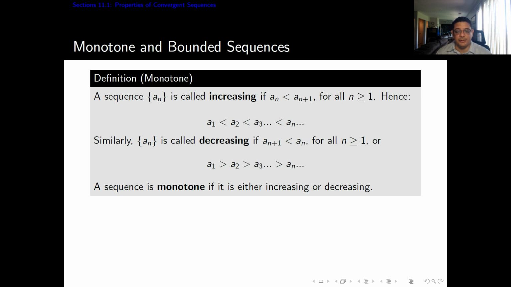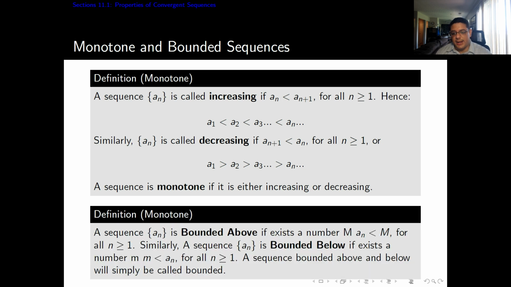When we have a monotone sequence, it's either increasing or decreasing towards a certain value. That value can be a fixed constant, or it can be just infinity or minus infinity, depending on whether it's increasing or decreasing.